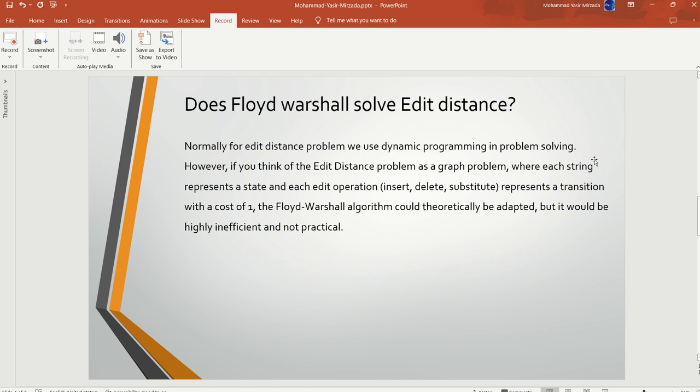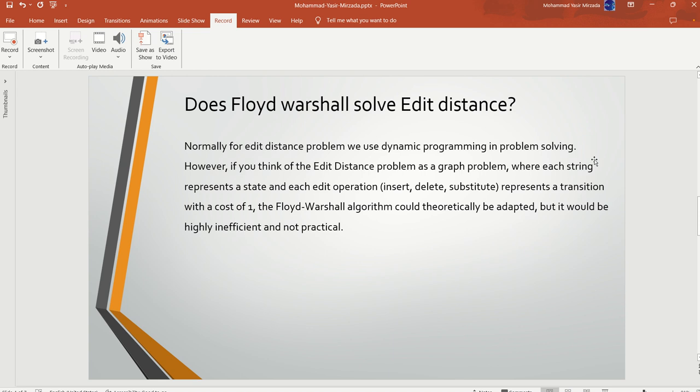So the question is, does the Floyd Warshall algorithm solve this edit distance or Levenshtein distance? The answer is that normally for the edit distance problem we use dynamic programming because it's more optimal.